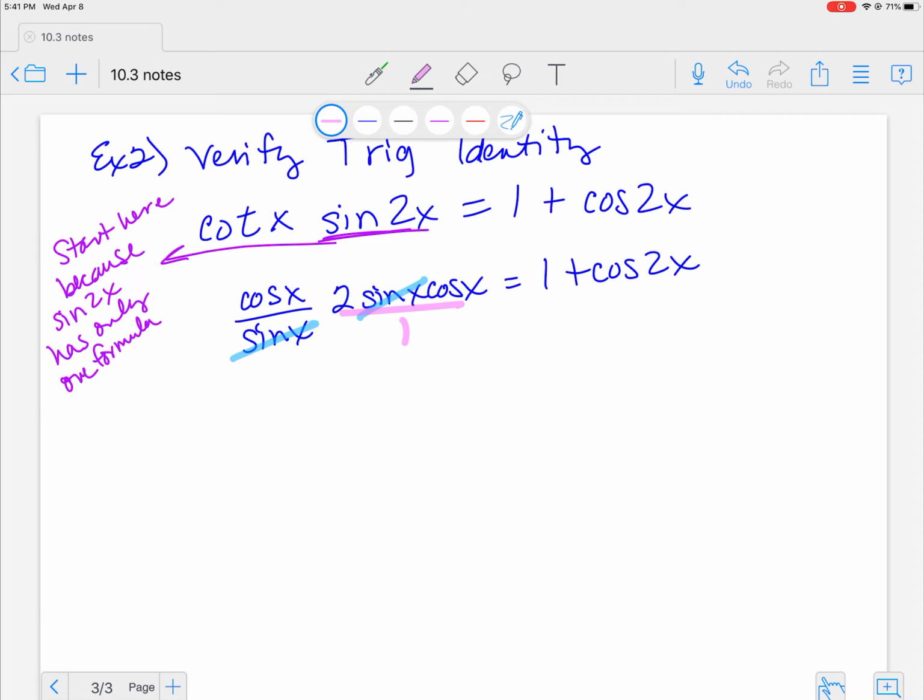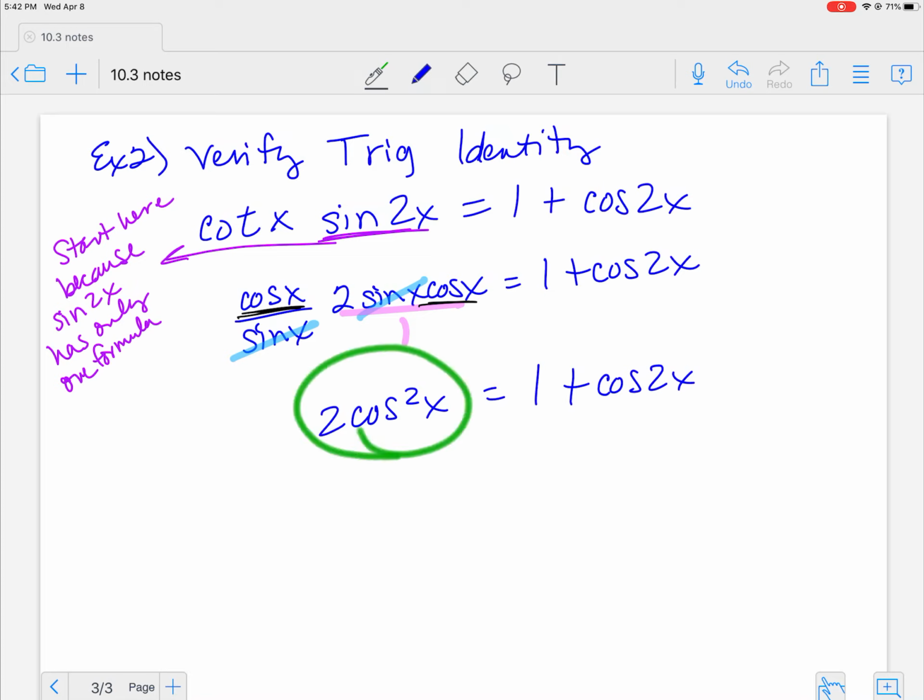Because it's a fraction, this side is the same thing as over 1. So my denominator and my numerator, because everything is multiplied, that's fair game. If it had any pluses and minuses in there, then that wouldn't work. But now I have my cosine here and my cosine here, so I've got a cosine squared.